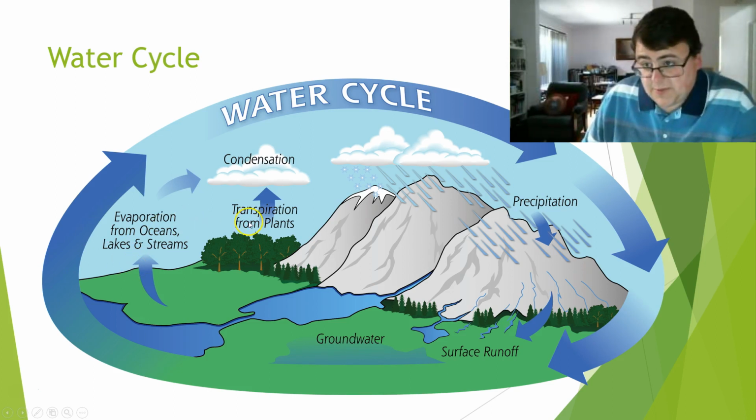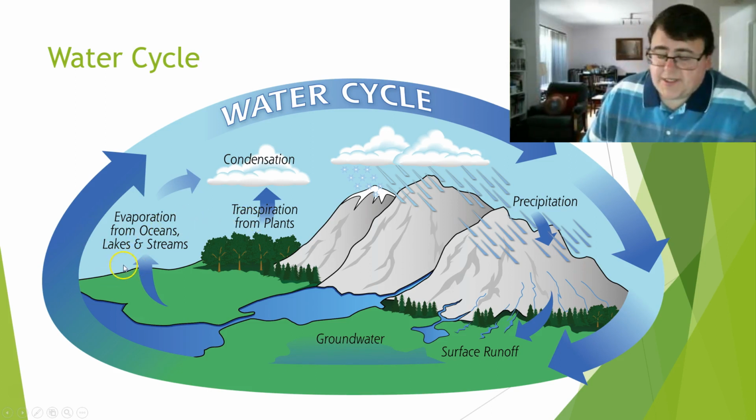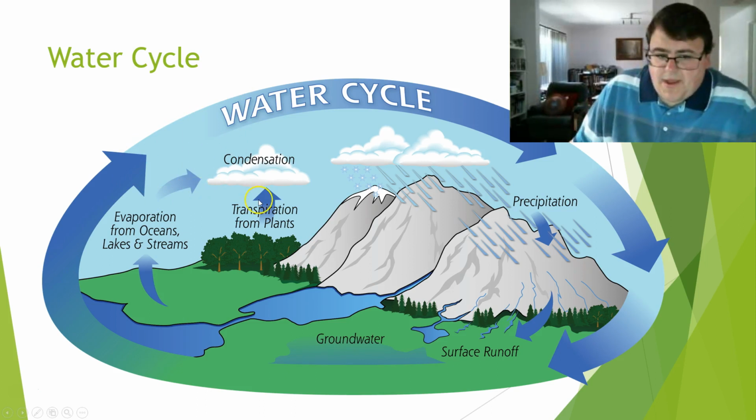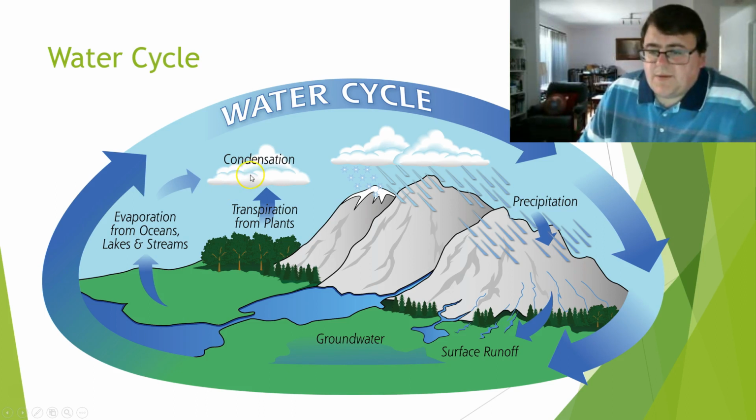In plants, that's called transpiration. From animals, oceans, lakes, and streams, that's just evaporation. At that point, your water is moving into basically the air. Eventually, it will condense, where it's going to be turned back into liquid form.